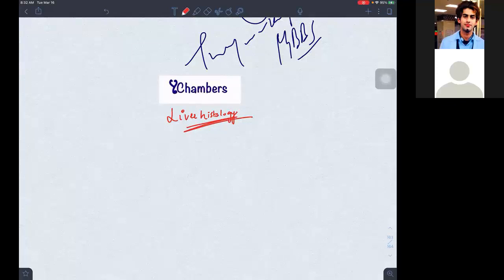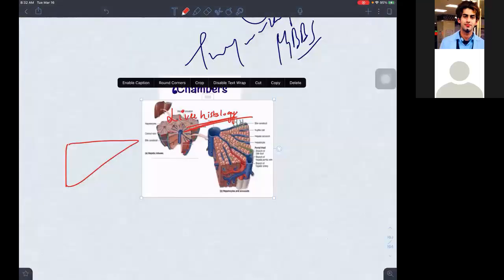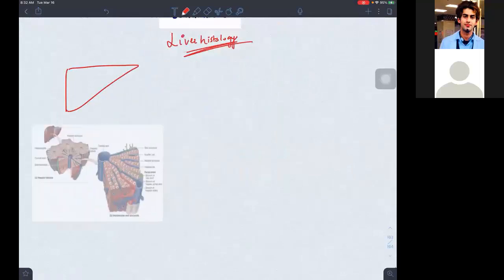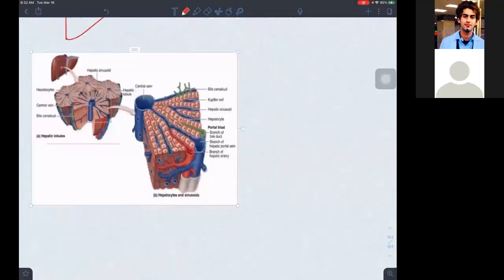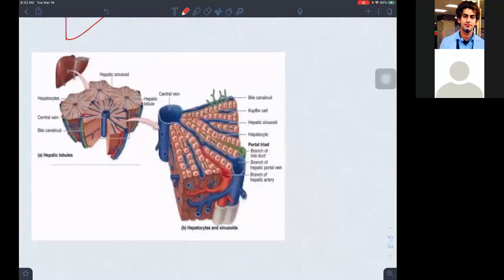Okay, so talking about the histology, the first thing is, if I take this, this is a liver. You have seen the liver is pretty much a solid organ, isn't it?